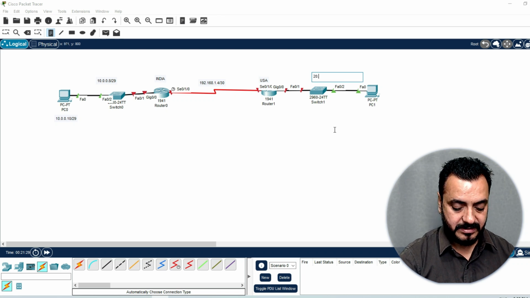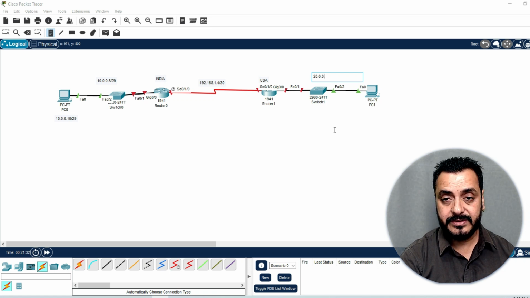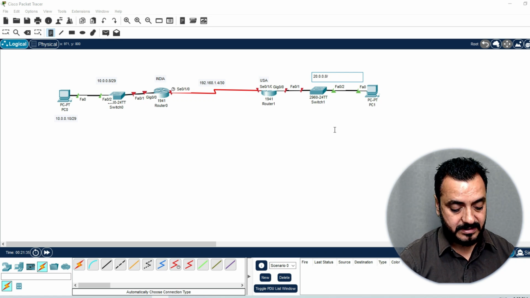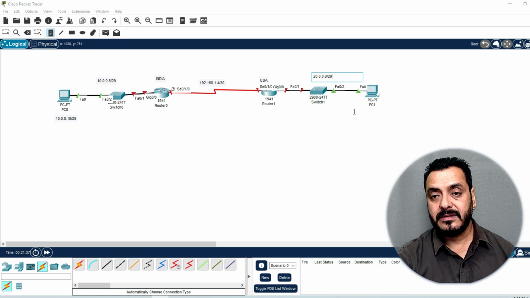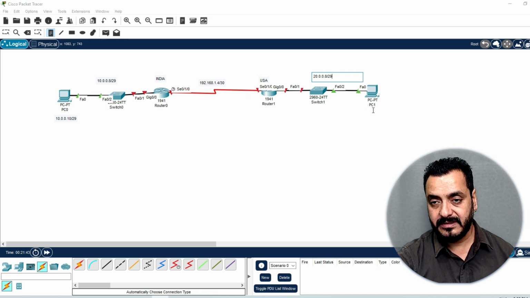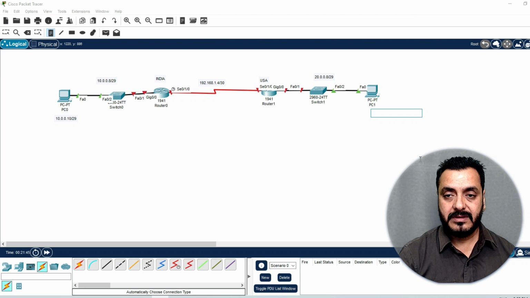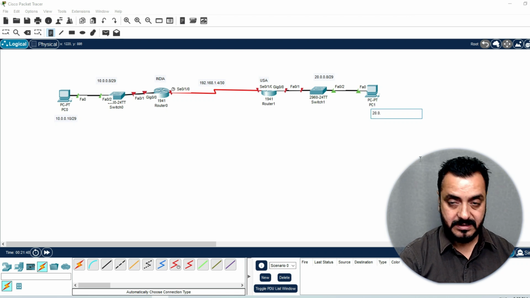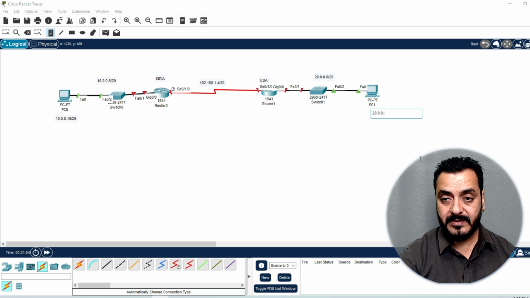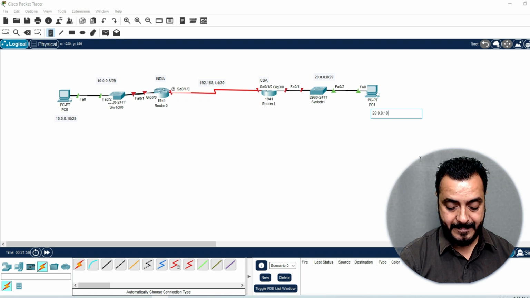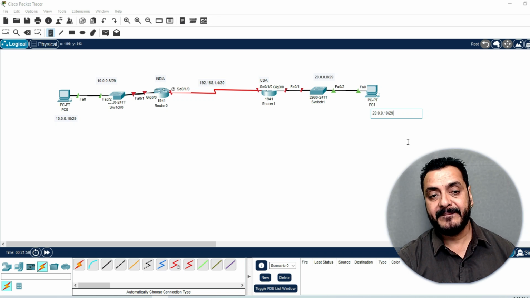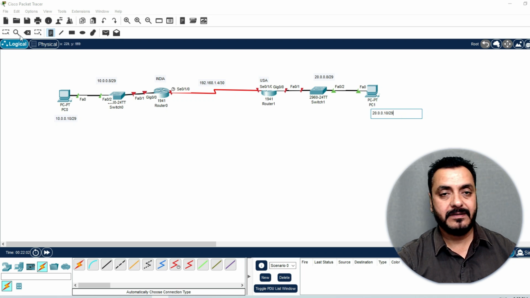So here again we are using 20.0.0.8/29, means subnet of 8. 6 available IPs are here. 9 is the first, 10 is the second, and on the last end device we will use 20.0.0.10/29 IP. So we have mentioned the IP address pattern as IPv4 address pattern on this network.